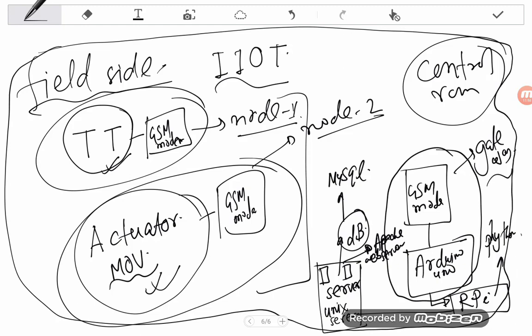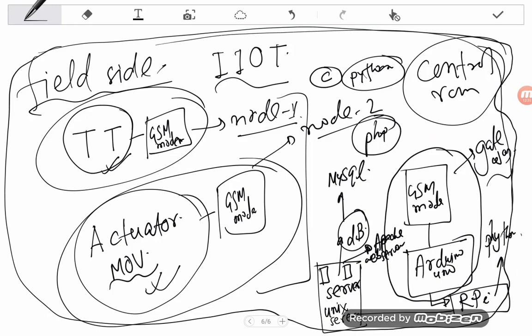What we should do here is write some programs in C language, in Python, in PHP, etc. And we can design the whole system very easily. We can solve the problem.